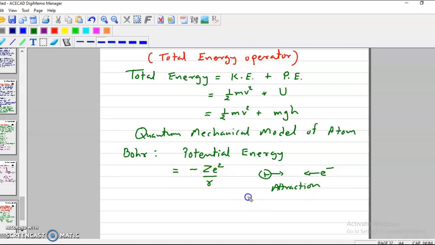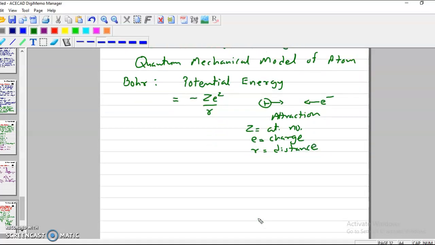Z is atomic number and e will be charge on particles and R will be distance between two particles. So this way, according to Bohr, potential energy is given as minus Z square upon R. Okay, Z is atomic number.